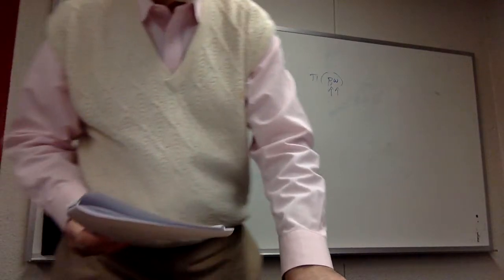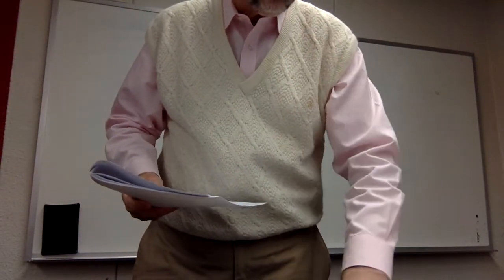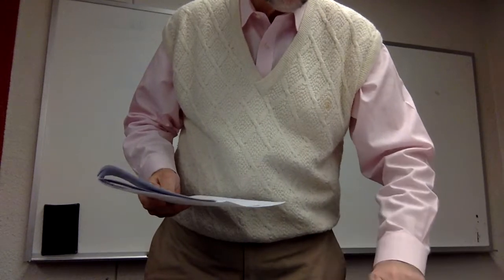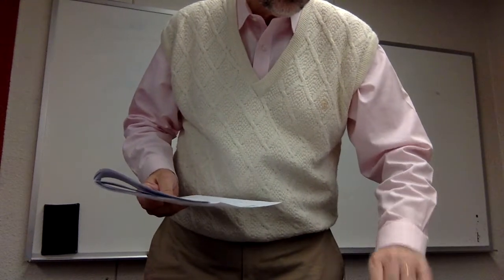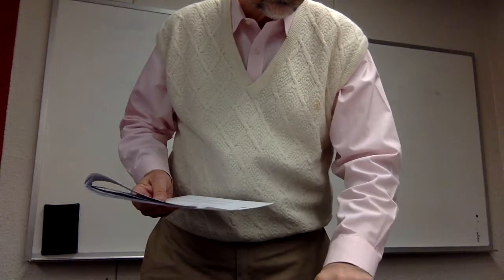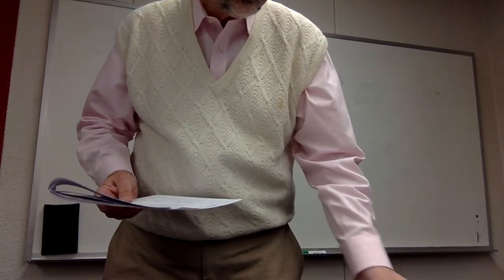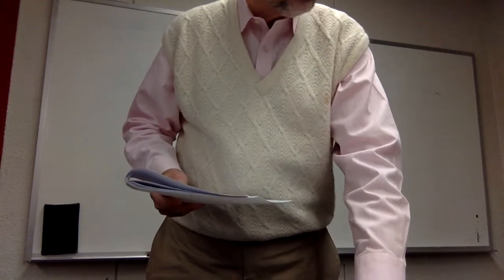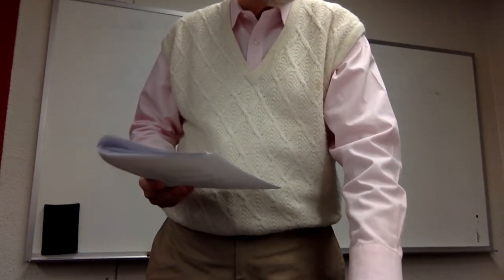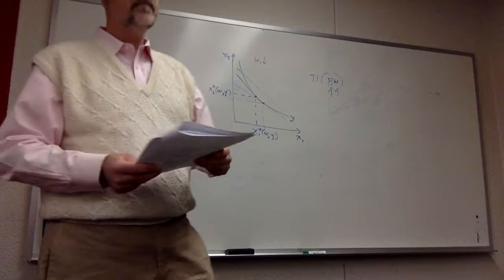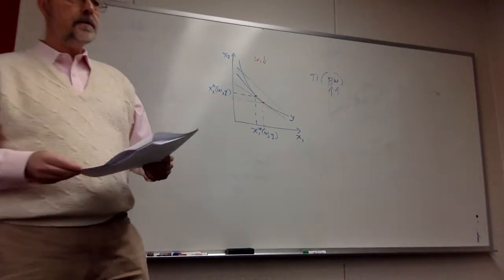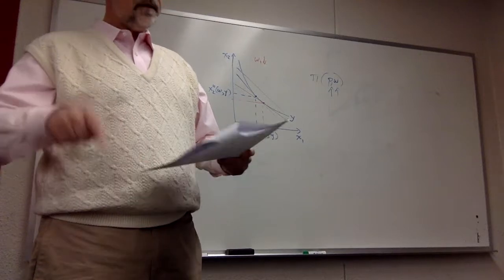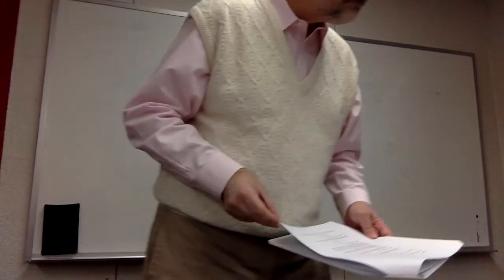So let's look. 3.1. You have a competitive profit maximizing firm with a profit function that is separable. It's one function of one wage, one price of input, plus a function of the other one.